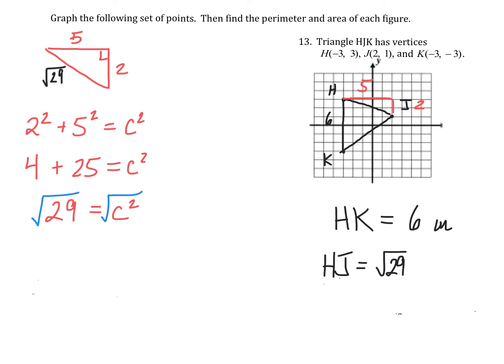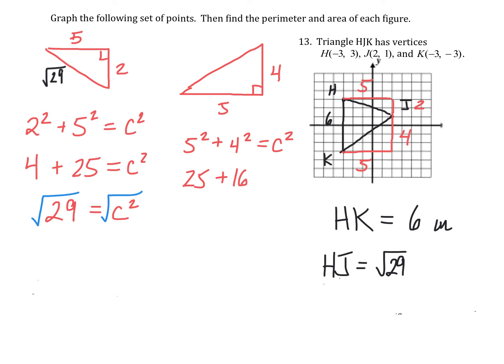The next one I'm looking for is KJ. So we'll sketch out that right triangle. Now it looks like my units are 5 and 4 that make up the legs on that right triangle. So we'll sketch that one off to the side: 5 for my base, 4 for my height. Once again, those are my two legs that I'm plugging into the Pythagorean theorem, and I'm trying to solve for my hypotenuse.